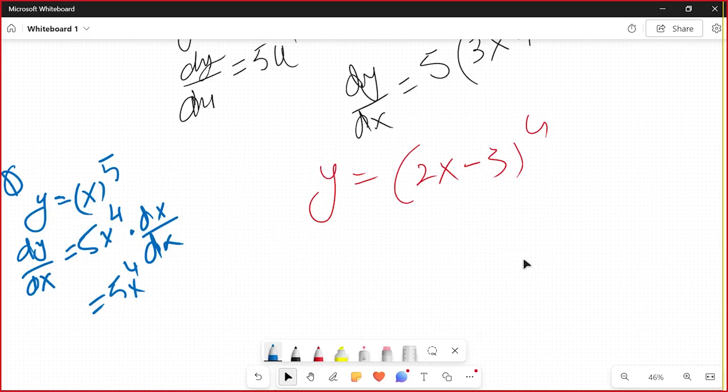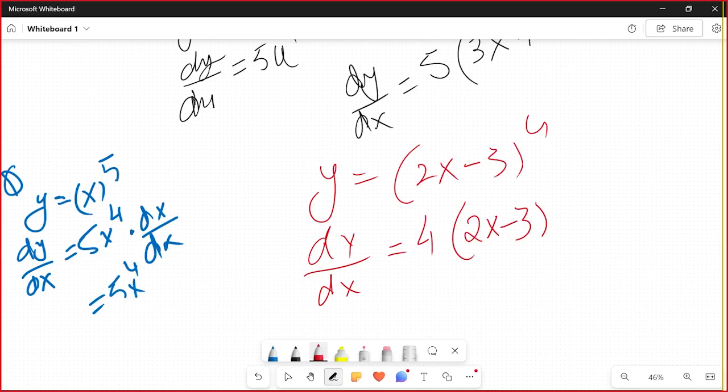Now we have to find dy upon dx. So this 4 will come down like this 5 came down. And then what should we do? 2x minus 3 raised to the power of 3.